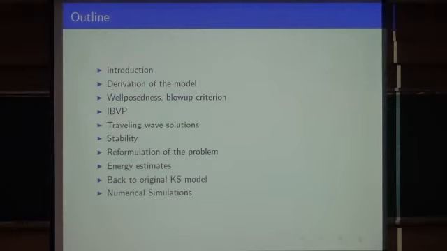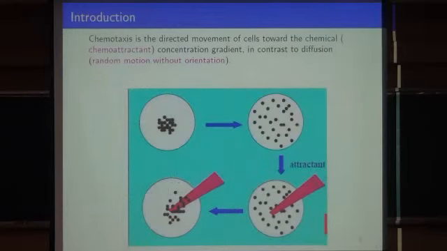This is the outline. The phenomenon of chemotaxis is the phenomenon of cells being attracted to or repelled by a chemical. The chemical can be food, or poison, or anything you can think of, nutrition. The movement of the cell, it was observed, is attracted to the gradient of the chemical concentration.